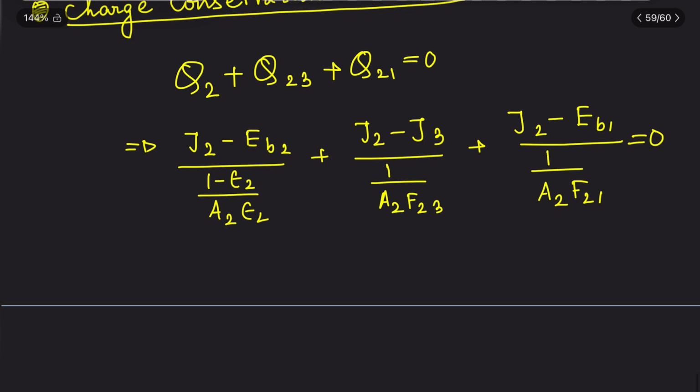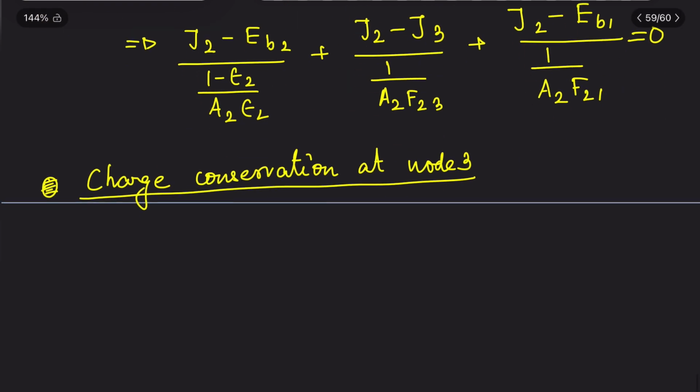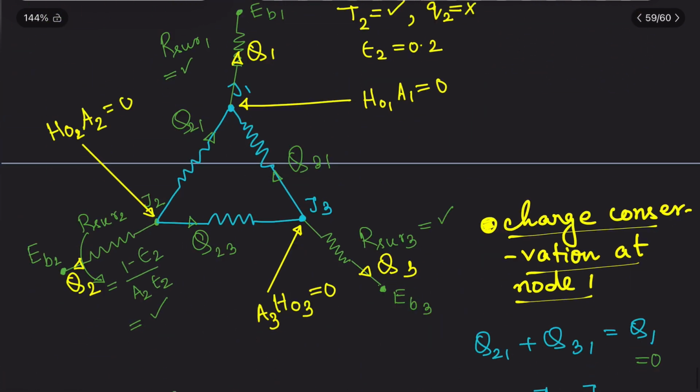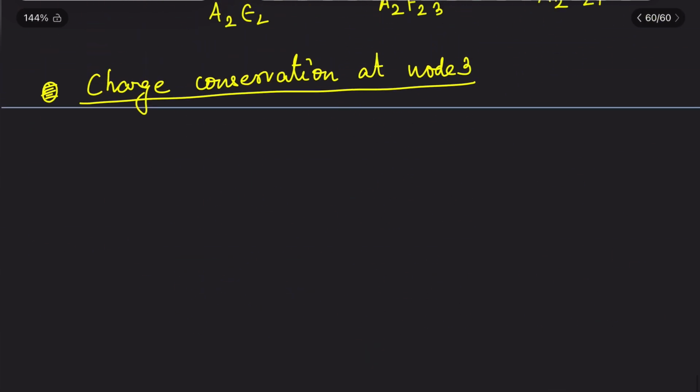Now again, if I write the charge conservation at node 3, then I will have what? Again an equation like that, that will be Q23 is equal to Q31 plus Q3.